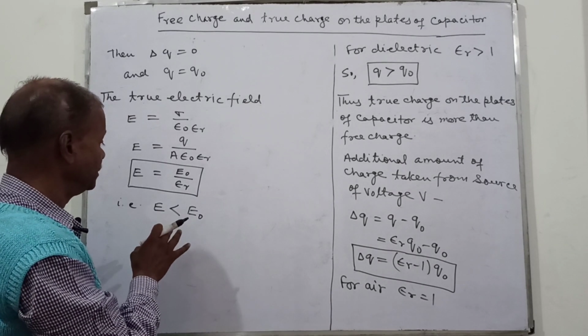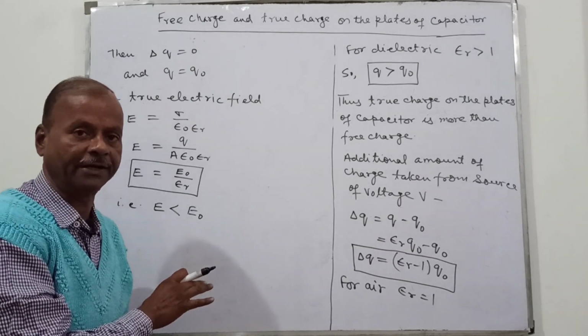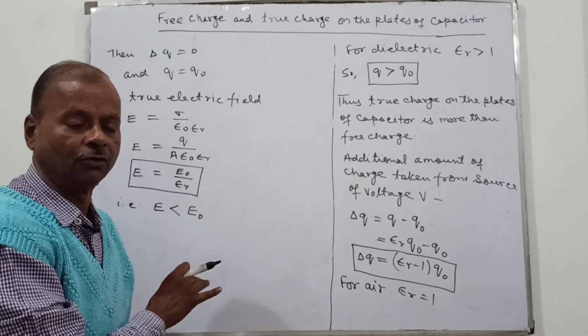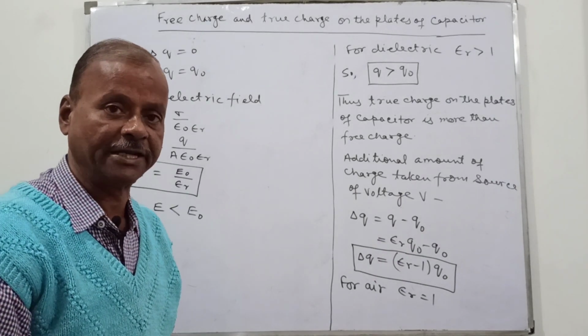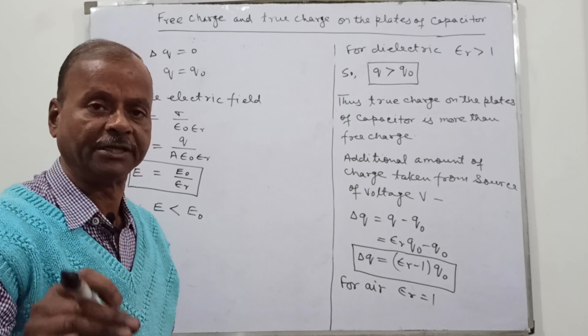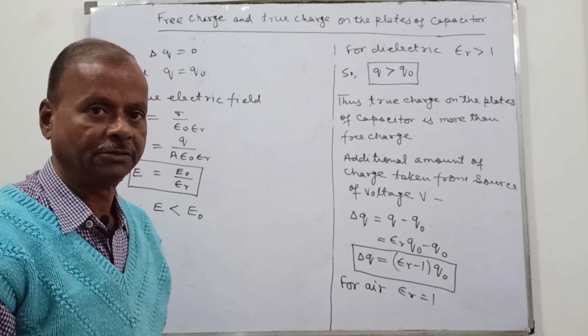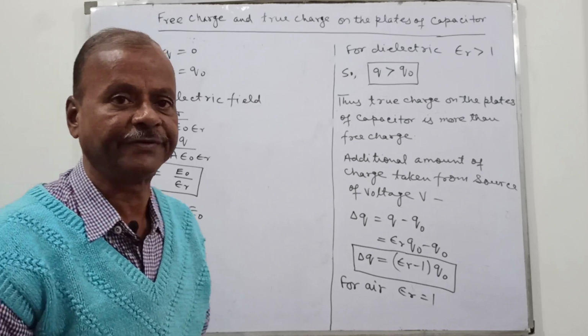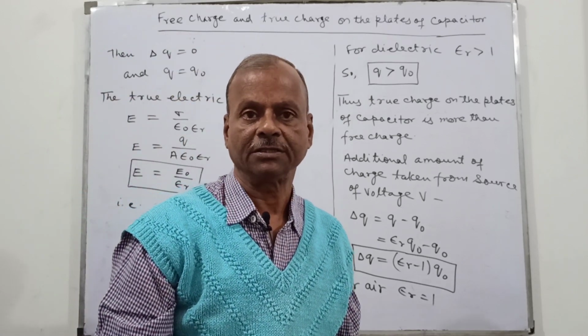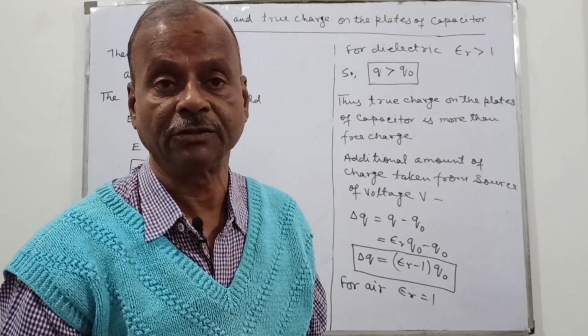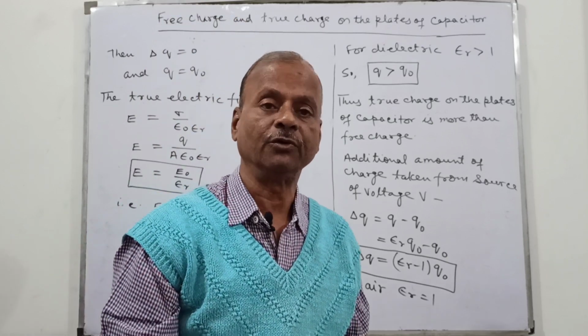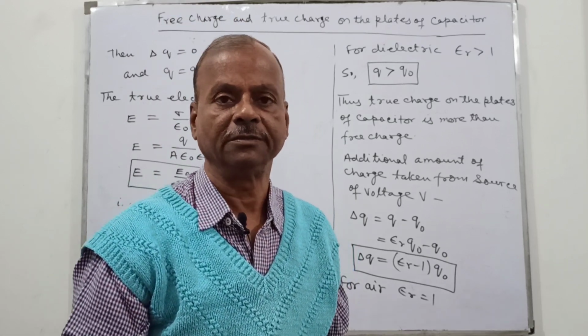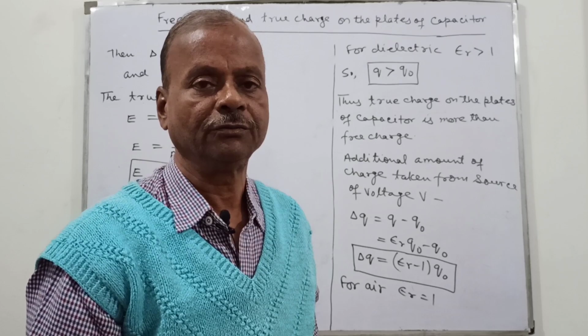So this is the electric field and the charge on the plates when the dielectric slab is placed between the plates of the capacitor. This is the difference between the free charge and the true charge, and always remember that true charge is always more than the free charge on the plates. So thank you very much.